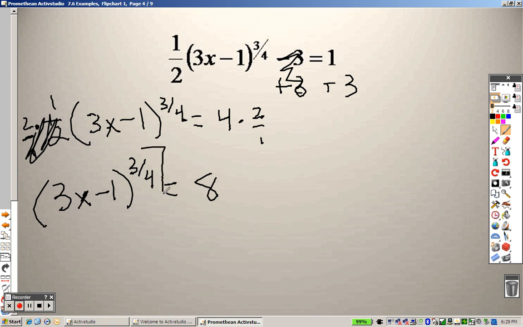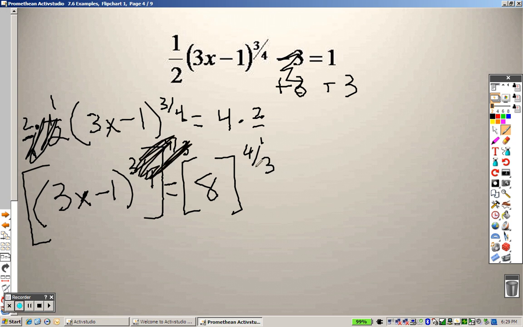Just like we discussed, what power do I have to take both sides to in this problem? The reciprocal of 3/4 is 4/3, so I have to take 8 to the 4/3 power. 8 to the 4/3 is 16. So this cancels out, and that becomes 16.